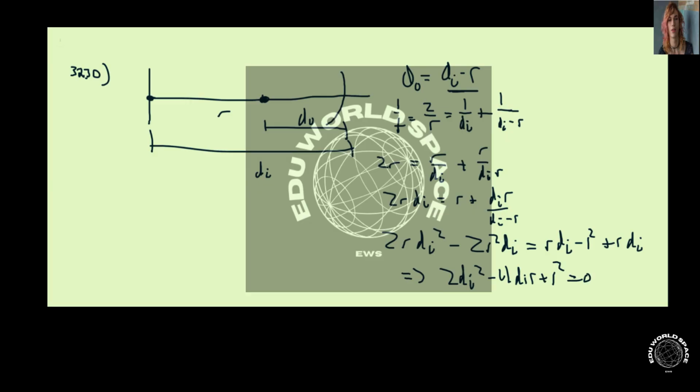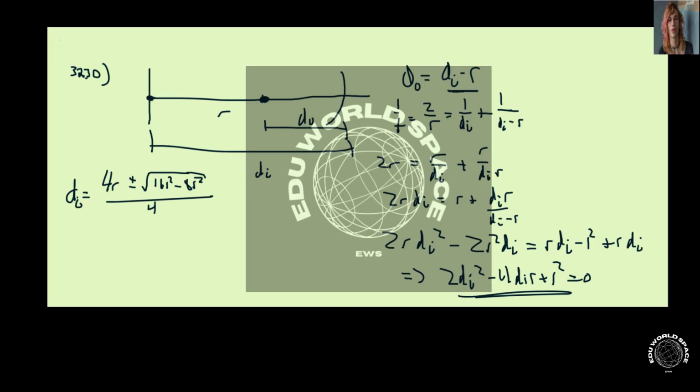So we want to solve for the image distance di here, and this is a quadratic equation, so we can use the quadratic formula. So let's go over here, say di equals, the quadratic formula for this equation is 4r plus or minus square root 16r squared minus 8r squared, all over 4.